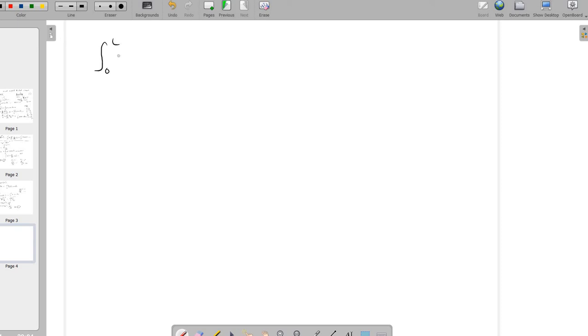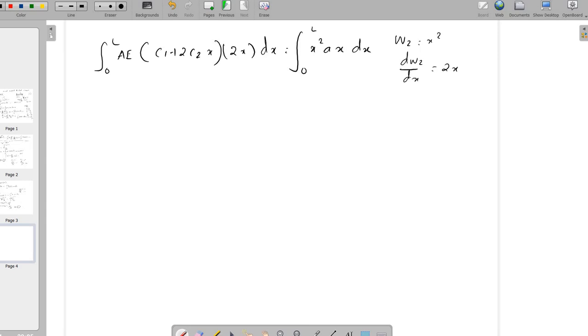The integral from 0 to L of AE, du by dx does not change, C1 plus 2C2x. W2 is x square, so dw2 by dx is 2x. So the left side is multiplied by 2x dx, which is equal to the integral from 0 to L of x square, a into x dx.